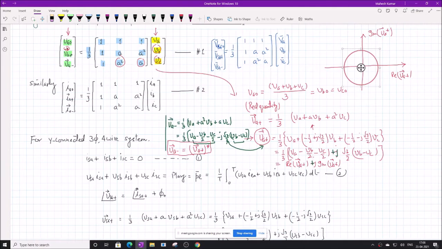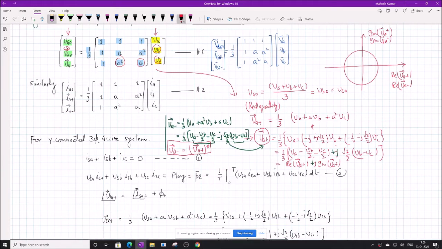And if you plot the real of BA minus bar and imaginary of BA minus bar, then the locus will also be a circle, but the nature will be anti-clockwise. So one will be clockwise, another anti-clockwise, because of the conjugate.